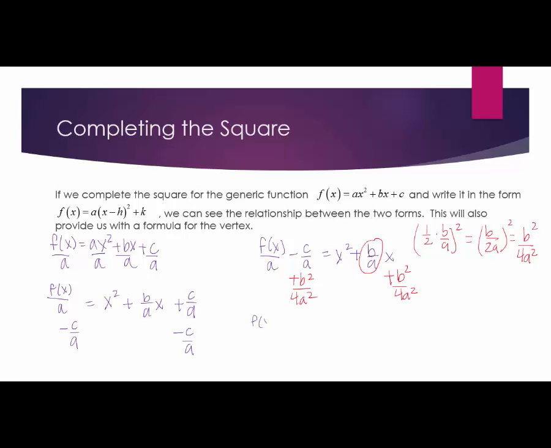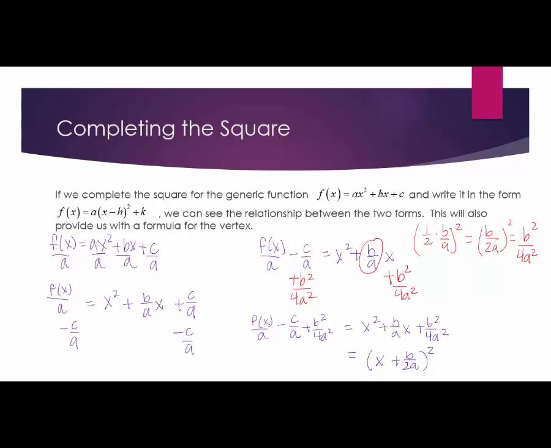That gives me f of x over a minus c over a plus b squared over 4a squared is x squared plus b over a x plus b squared over 4a squared. And now if I factor, this side should be a perfect square trinomial.